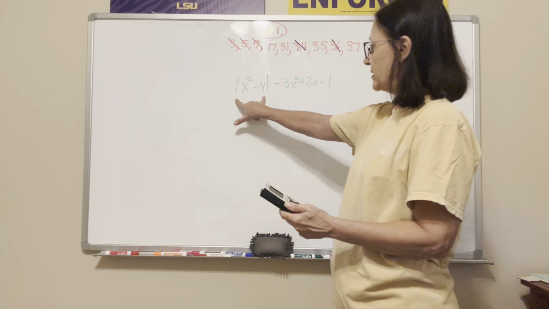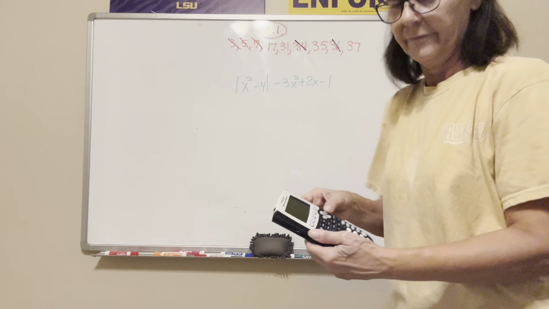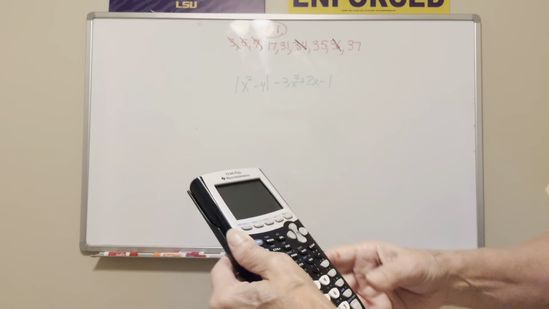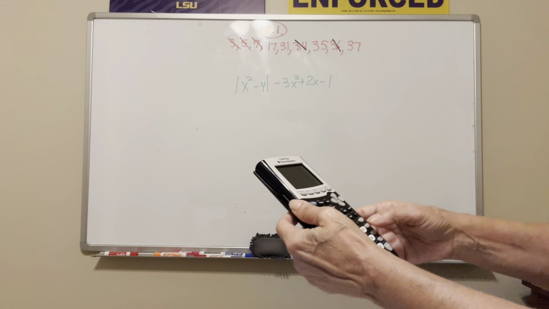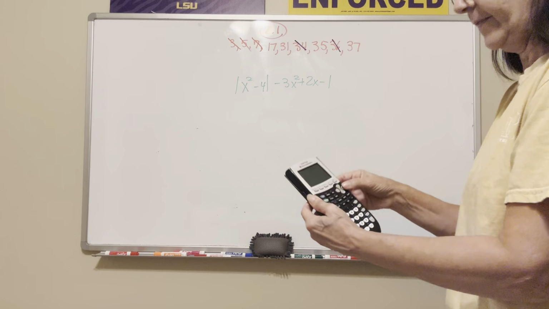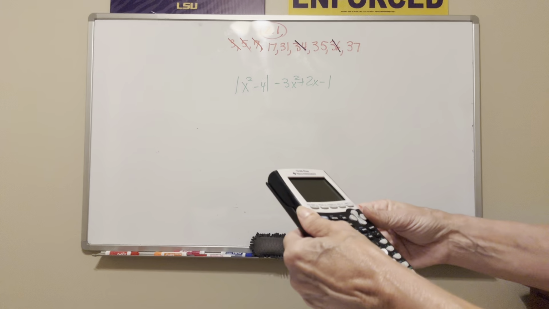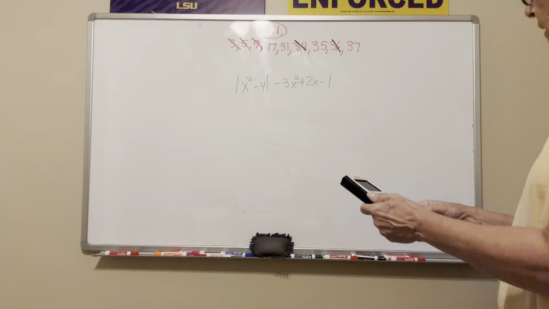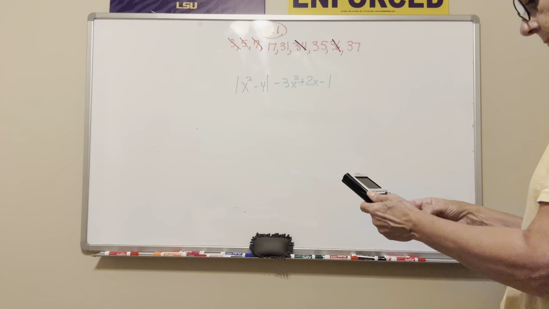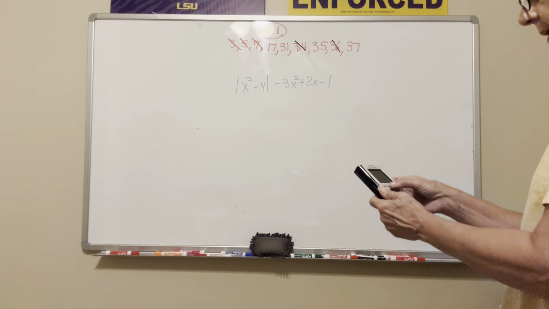Remember, to get the absolute bars, I have to go to math, num. So math, go over to num. The first one I believe is abs. Yeah. And so I'm going to put x squared minus 4 in there. So I'll go to the right one to get outside the absolute bars. Minus 3x squared plus 2x minus 1.